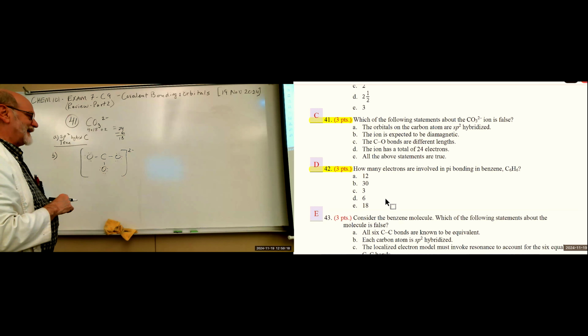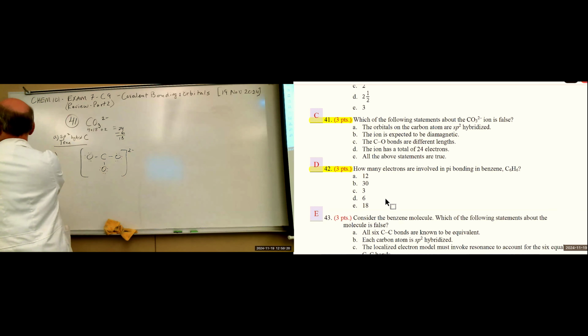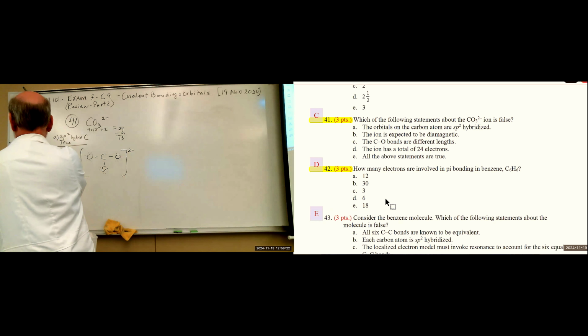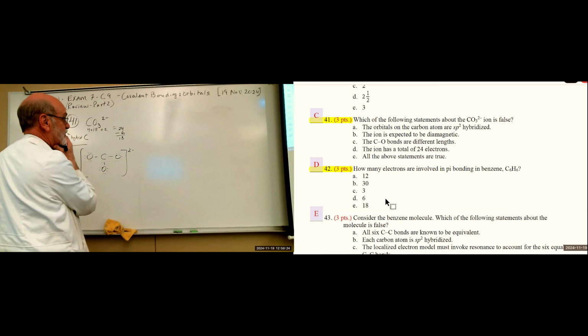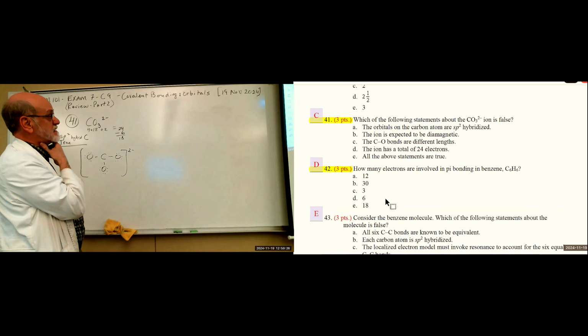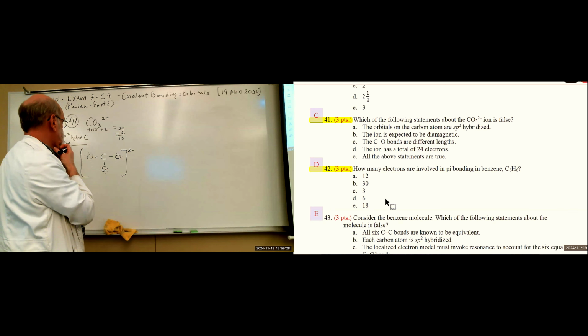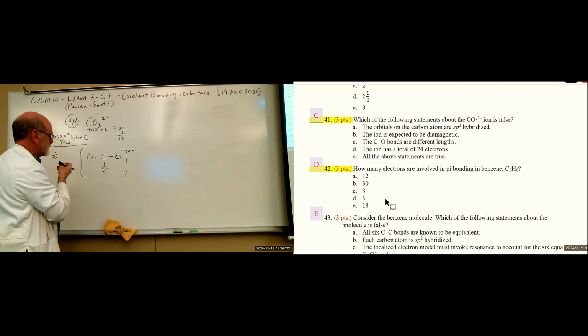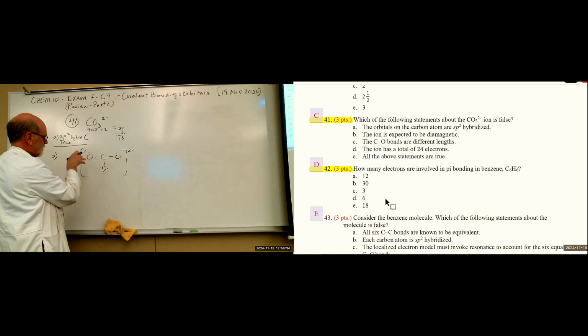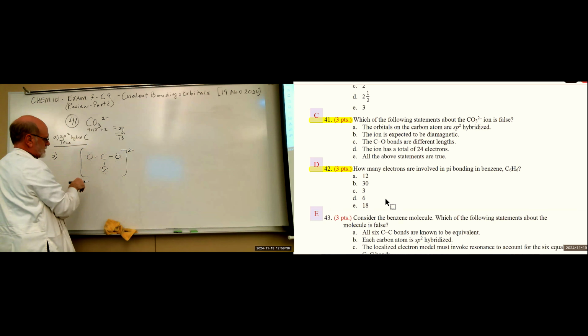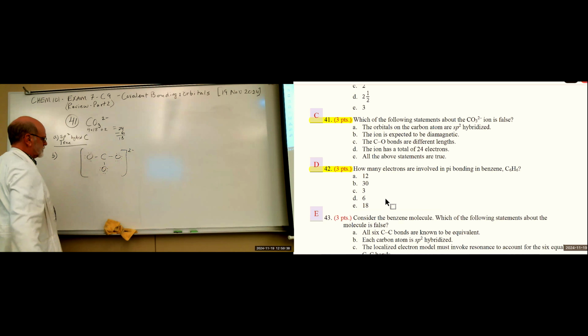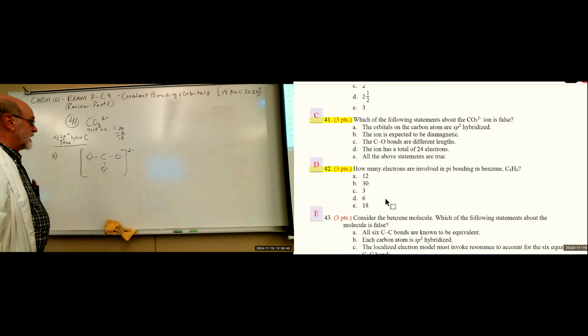All right. How about B? Expected to be diamagnetic. All right. I'm not sure how we're going to answer that one. Because if we look at it from this standpoint, all the electrons are paired, so we would expect it to be diamagnetic.